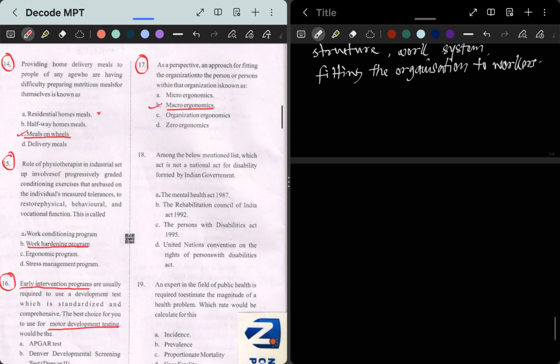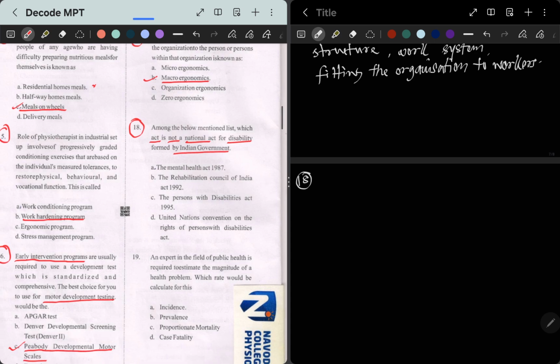Next one is number 18. Among the below mentioned list, which act is not a national act for disability formed by the Indian government? Question number 18.